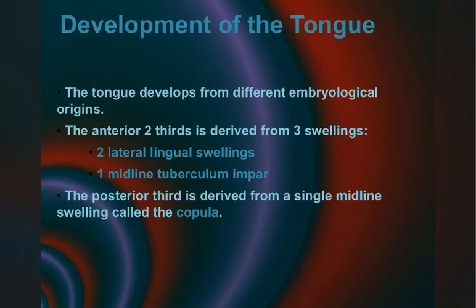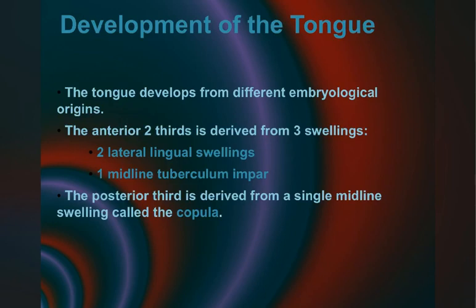Now we continue, we start talking about the development of the tongue. The tongue develops from different embryological origins. Most of the tongue develops from the first pharyngeal arch. The anterior two-thirds of the tongue mainly from the first pharyngeal arch.